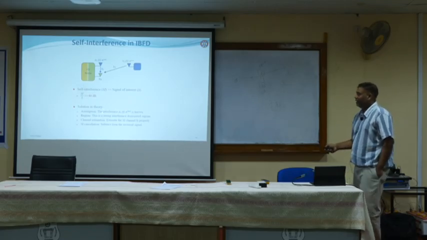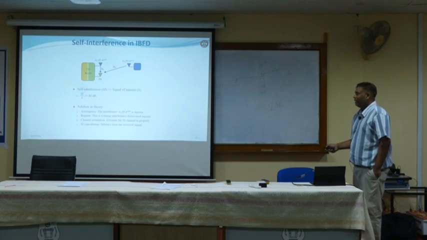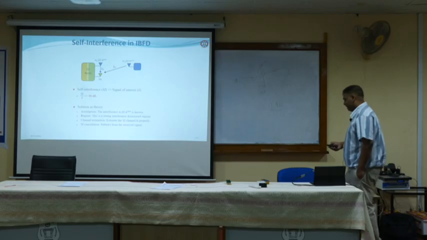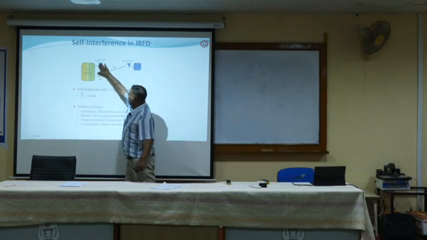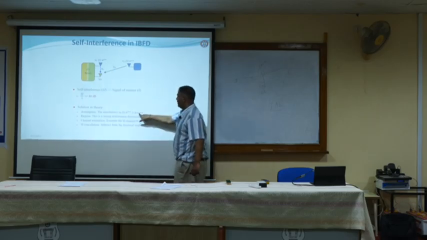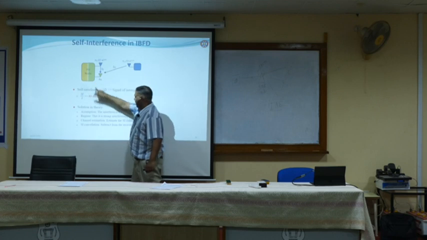Solution in theory: this interference signal is known, as I said already. This is the transmitted signal, the same node is transmitting, so the interference signal is known here.